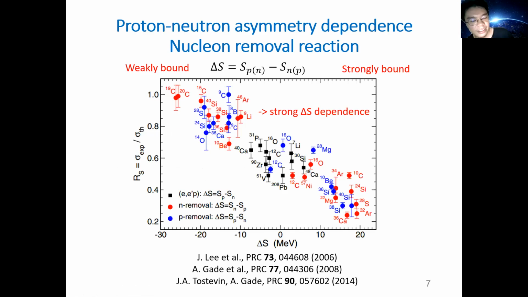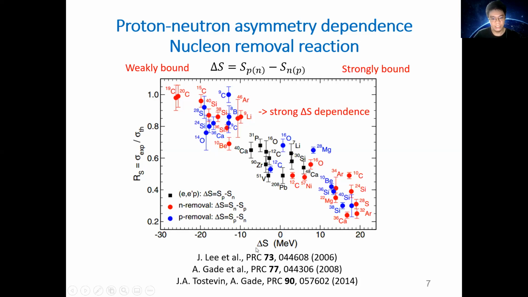So this is a very famous plot to illustrate the problem. On the y-axis, we have the reduction factor defined as in my previous slide, and on the x-axis, we have what we call the proton-neutron asymmetry, defined as the difference between the separation energies of the knocked-out nucleons and the other type of nucleons.